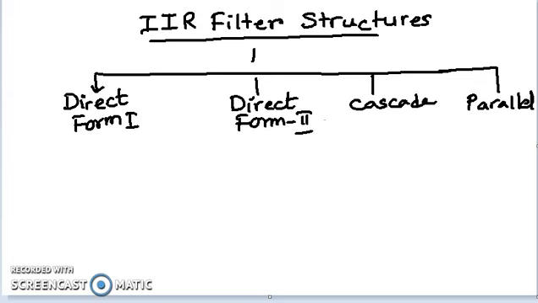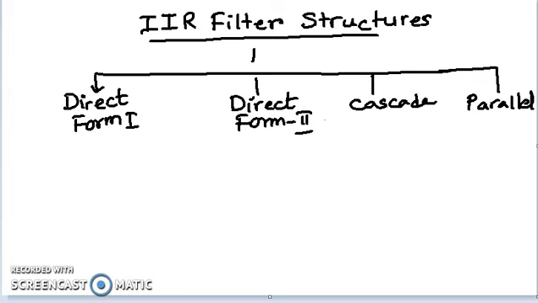We have also discussed that the IIR system can be expressed using a difference equation. From the difference equation we can get the transfer function of the system, and this transfer function is composed of poles and zeros, right?